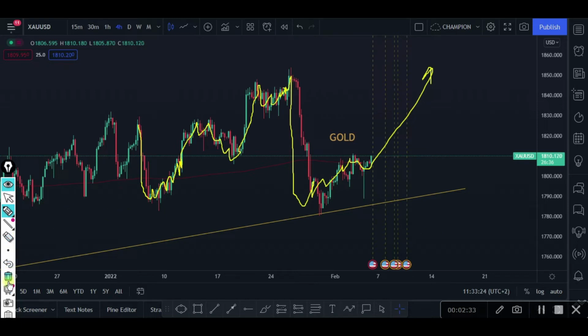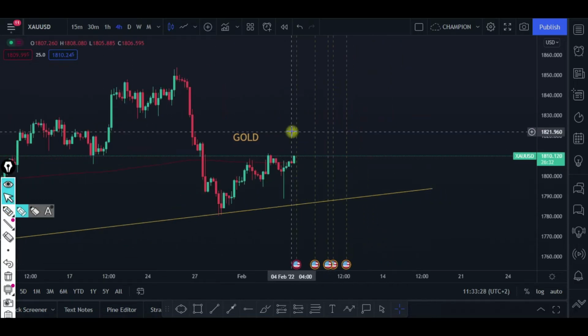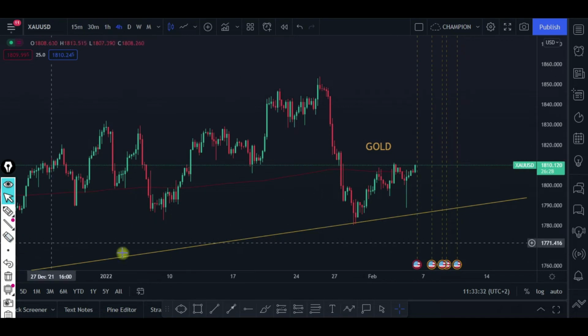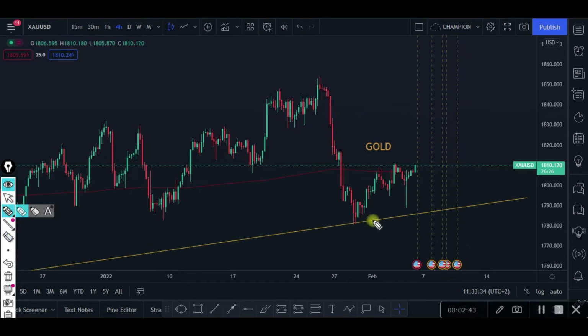So let's go closer to the price and see what might happen today. Ladies and gentlemen, allow me to show you that the price respected this area. It's an area with a double line.